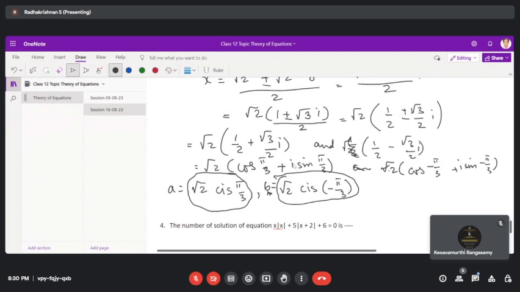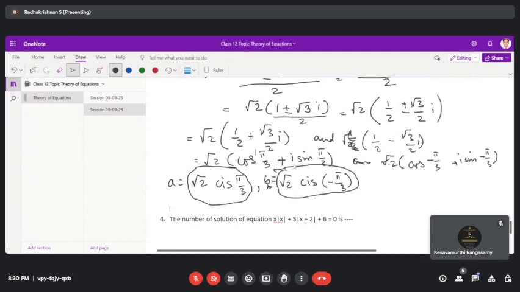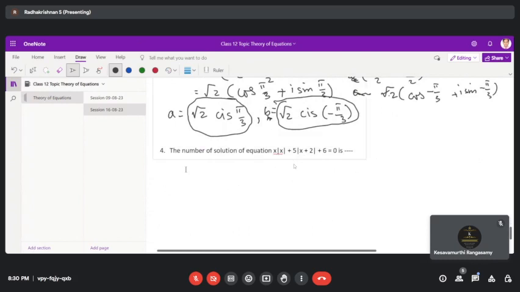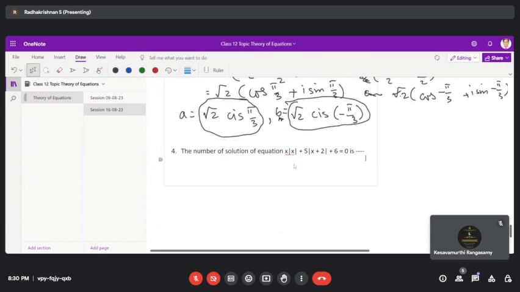So I want you to try and complete it, and the next problem also is very similar to what we already saw. Okay, so this is also a problem in modulus and quadratic equation.